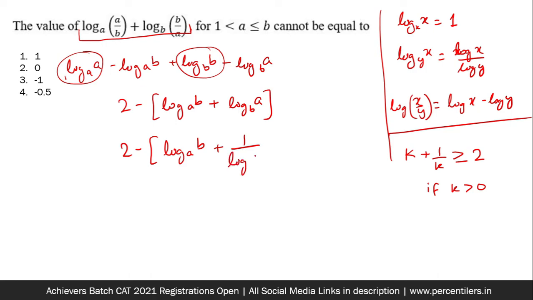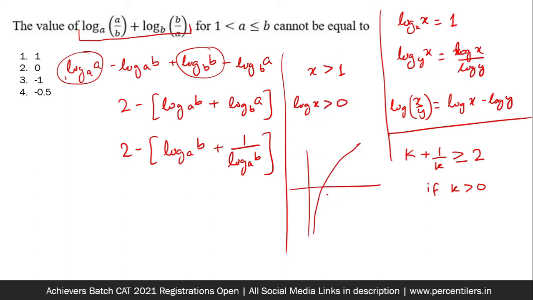Now there is something that you have to know, that if x is greater than 1, then log x is going to be positive. We understand it with the help of the graph of log also. If this is the graph of log x, so if you take x greater than 1, you get the positive values of log.